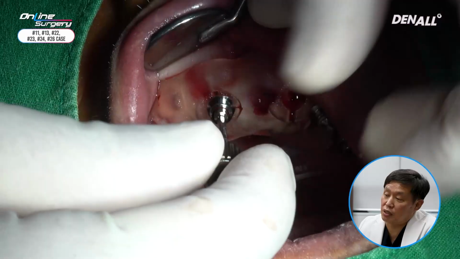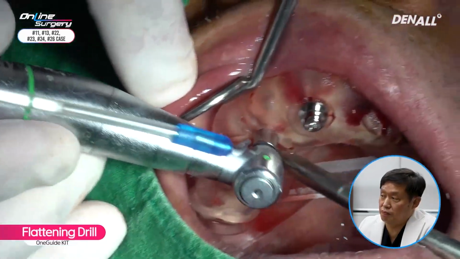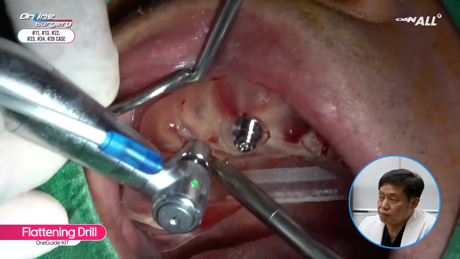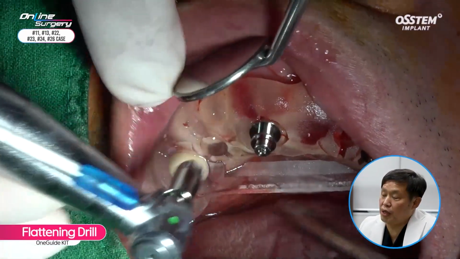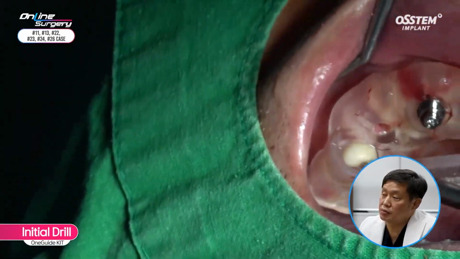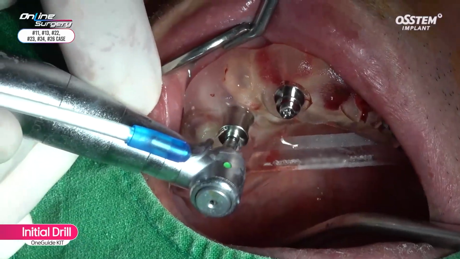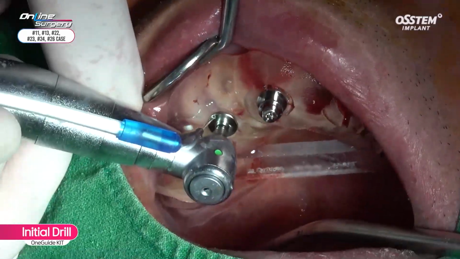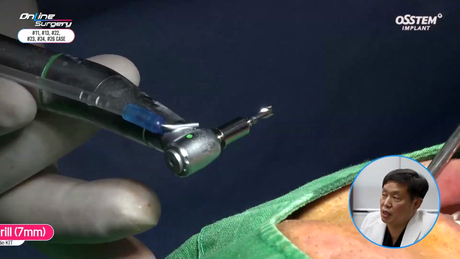Now moving on to number 13, flattening drilling was done. Full length of flattening drilling was done, followed by initial drilling in number 13. This was canine area.